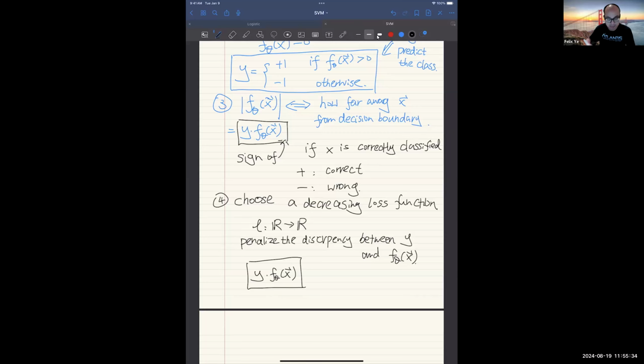So that's why I can define this as z, and my loss function L of z is decreasing. So this is the key, right? The more positive the z that we have, the smaller my value is.